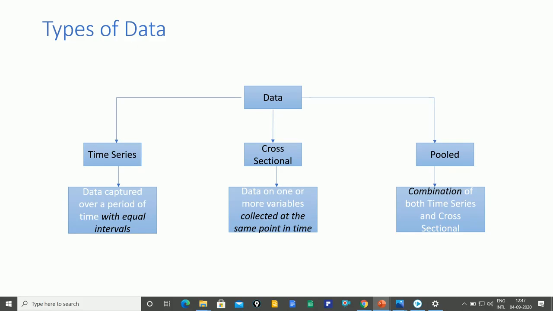So this census of population is conducted at the same time point, that is at the end of every 10 years. So this is an example of a cross-sectional data. And pooled data is the combination of both time series and cross-sectional data.